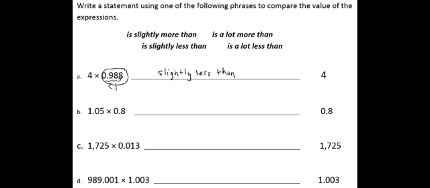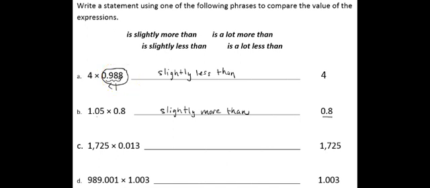For the next problem, I have 1 5 hundredths times 8/10, and I'm comparing it to 8/10. Well, 1 5 hundredths is slightly more than 1 whole, so my answer is going to be slightly more than 8/10.